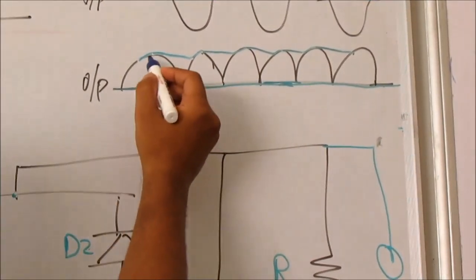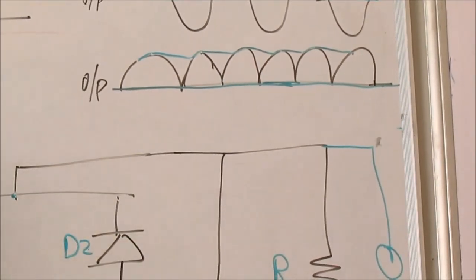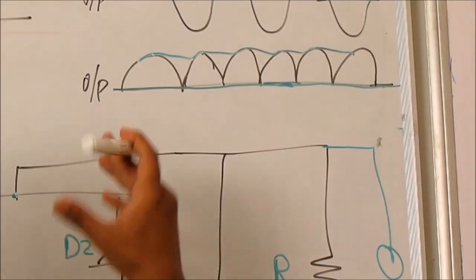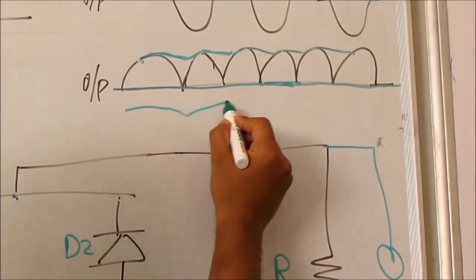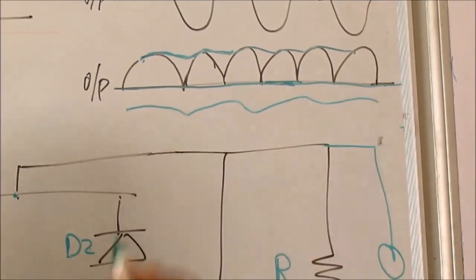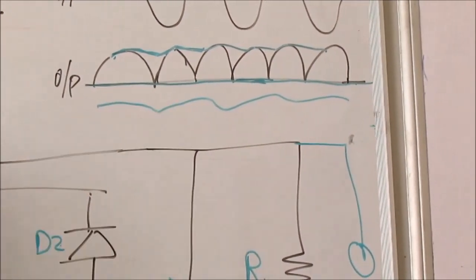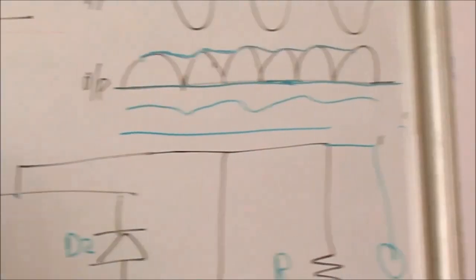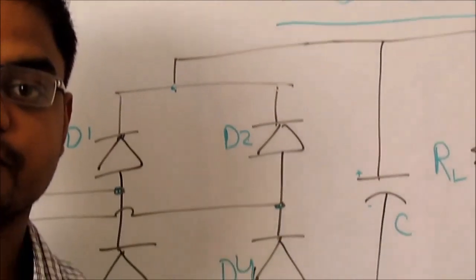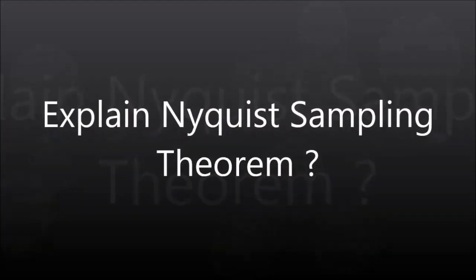This is my final output, which is almost like a DC source, this green waveform. We can further smoothen this voltage into a constant DC voltage using a voltage regulator like 7805.